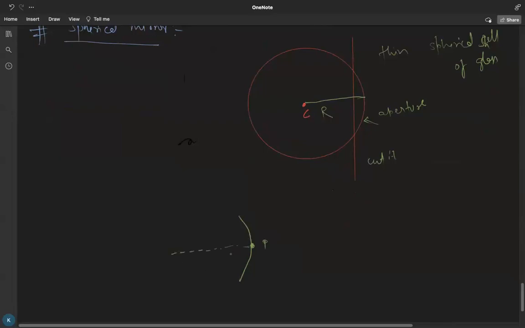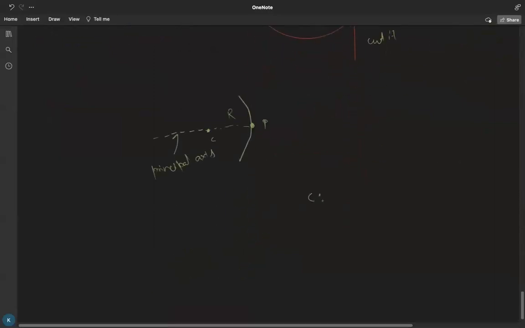These are some abbreviations: pole, center of curvature, radius of curvature. We will define all of these, but first you have to understand what it is. So this is the radius, and this is known as the principal axis. C is the center of curvature.